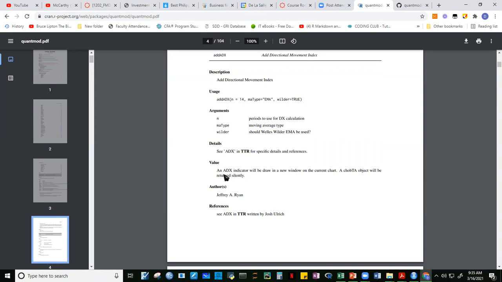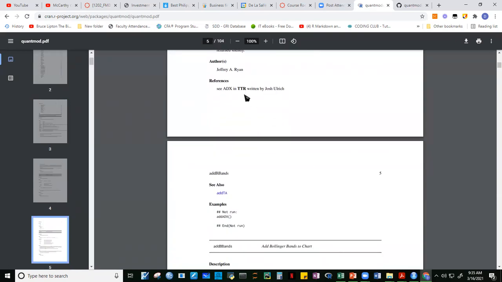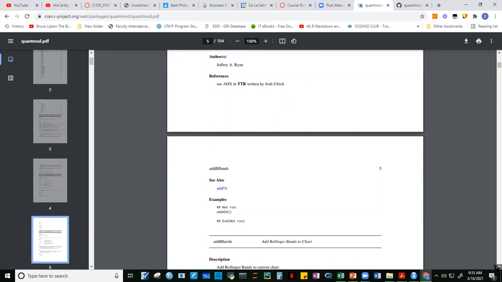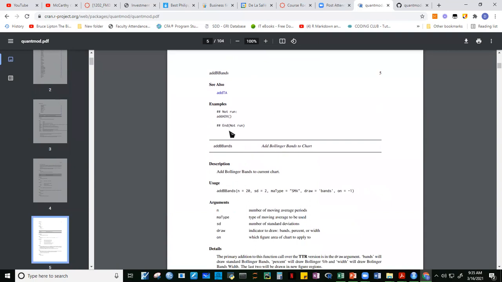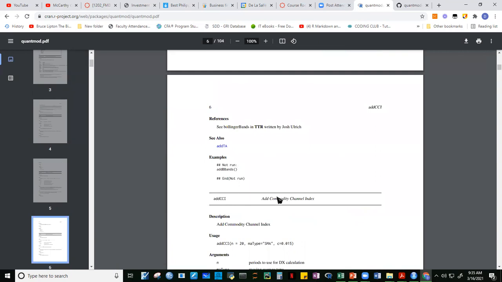And then what value do we get? Authored by Ryan. References din sa TTR by Josh Ulrich. Okay, and then example lang, no? Add ADX. So this one, you'll see the explanation to each of the functionalities ng Quantmod.